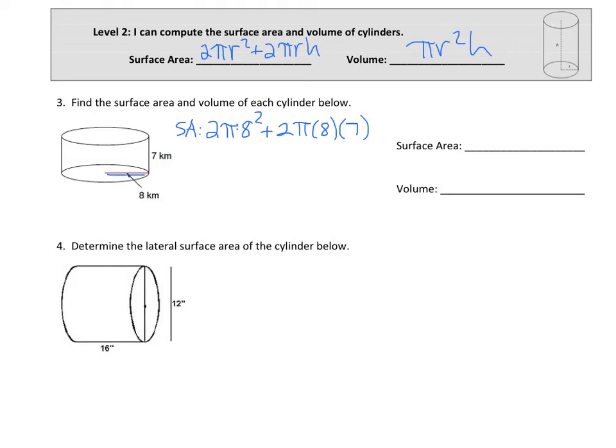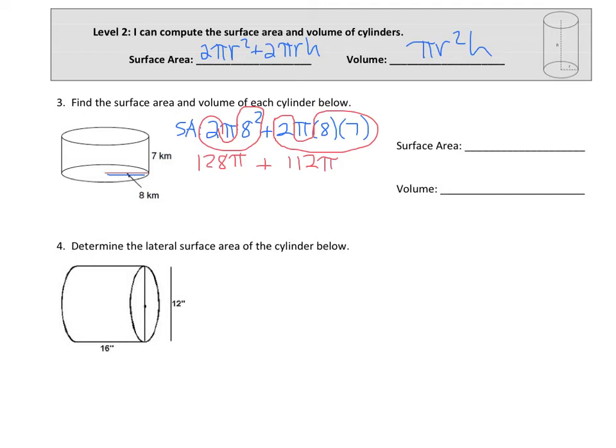And then we want to find exact answers, leaving it in terms of pi. So to do that, I simplify everything but the pi. I multiply 2 times 8 squared, or 2 times 64, which gives me 128 pi. And then for the next term, I'm going to multiply everything but the pi, 2 times 8 times 7, which is 112 pi.